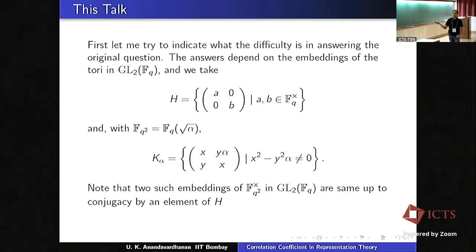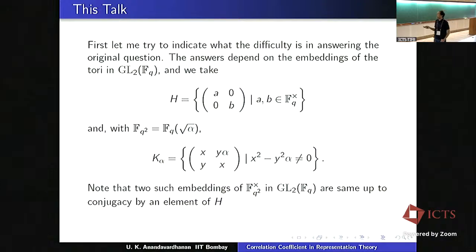Just to illustrate the difficulty, I'm fixing these two embeddings. One good thing about this is that for two such embeddings of F_{Q^2}, instead of alpha you could have taken another root beta, and that will be just changing alpha to beta.